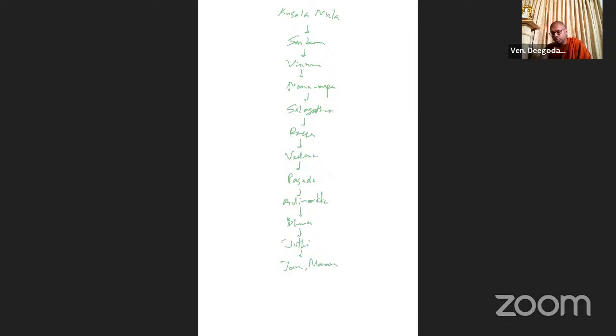So this Paticca Samuppada here, the Kusala Mula Paticca Samuppada, we know that it is starting with Anicca. Now when you have understood the normal Paticca Samuppada with wisdom, that itself starts the Kusala Mula, because you have seen the Anicca nature.